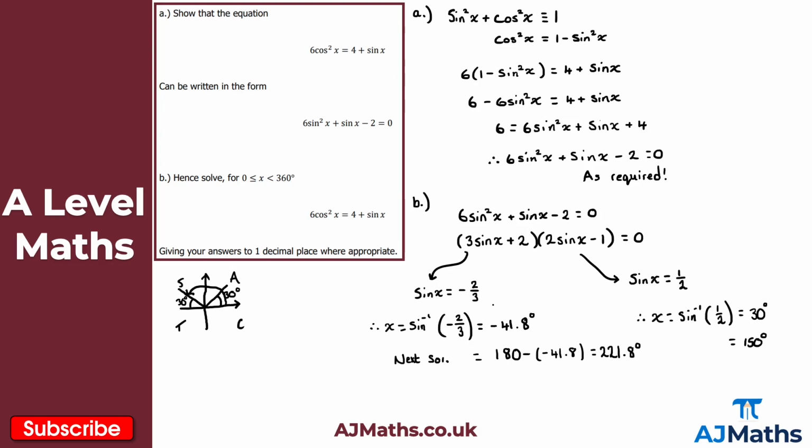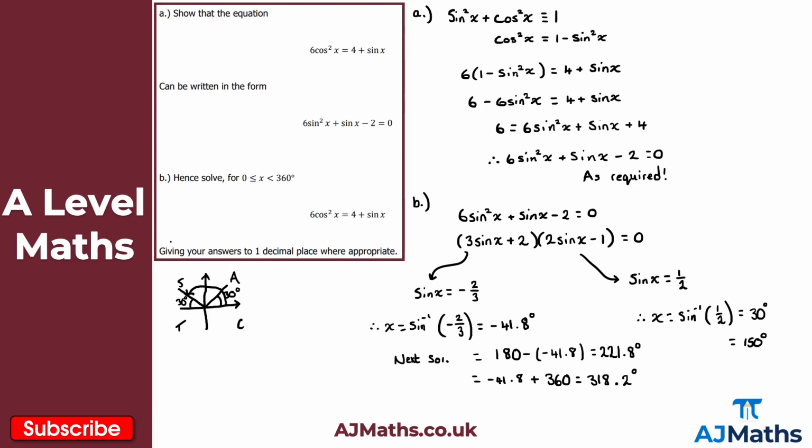So -41.8 plus 360 is equal to 318.2 degrees. 318.2 degrees there. And that would be the full set of solutions for this equation here. Okay, we can't obtain any more solutions that fall within this domain. So what I've got now is the full set of solutions to this equation.